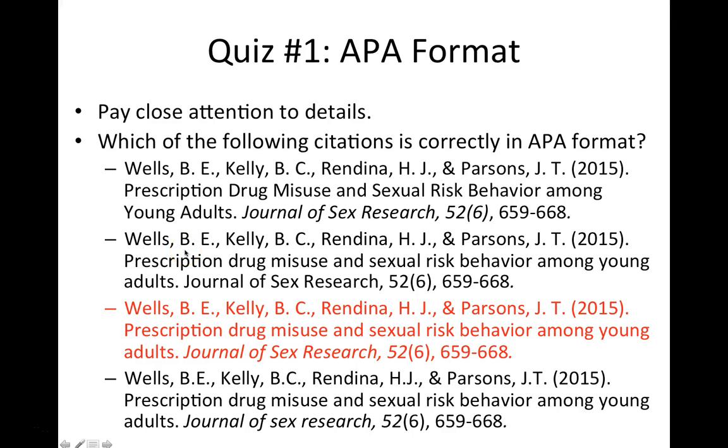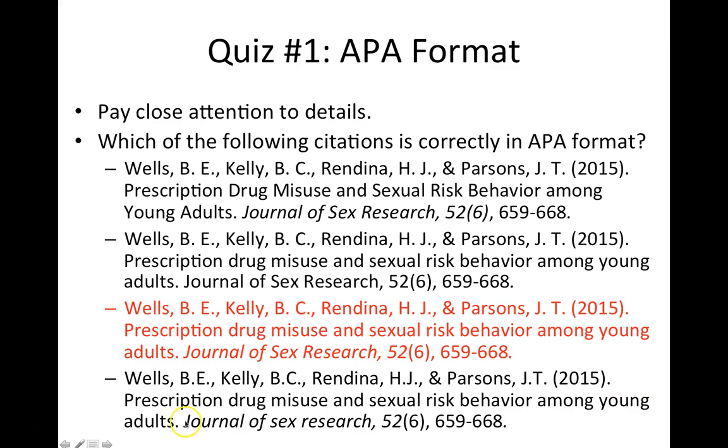This one is correct in its use of capital letters here, but we don't see an italicized journal title or volume number here, so that's incorrect for that reason. And this one down here is incorrect for a couple of reasons as well. Here you'll notice that there's not a space between each of the author first name abbreviations, and you always want to have a space in there.